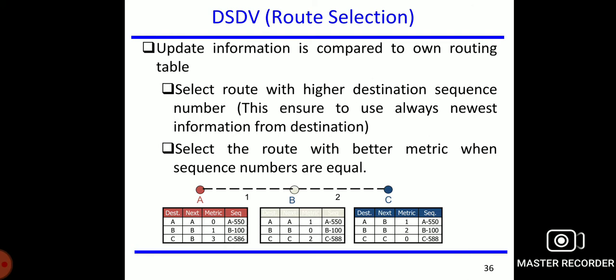From the source to A, what about the metrics and what about the sequence number to be transmitted to reach the destination? So route selection is a path selection with minimum distance, that is, destination sequenced distance vector with minimum hops.